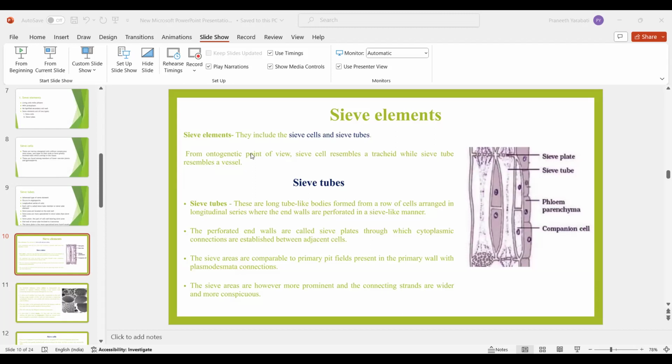Albuminous cells are found in phloem of monocots, phloem of dicots, phloem of gymnosperms, or none of these. We already discussed this in today's class.